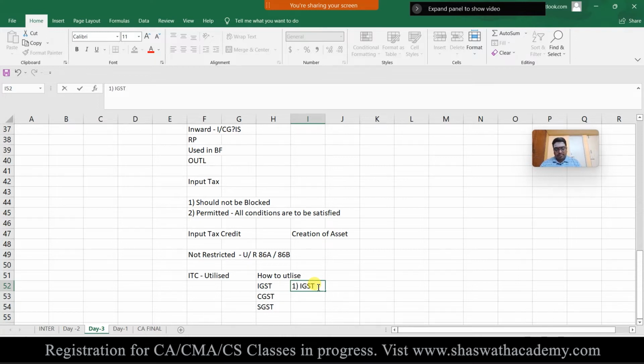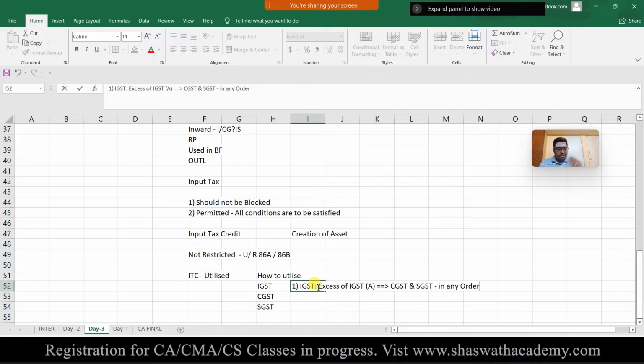Excess, if any, what am I supposed to do? Excess of IGST asset, how can I utilize? It can be utilized for CGST and SGST in any order.